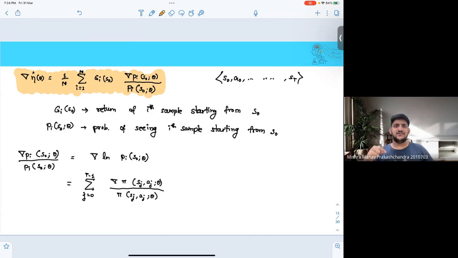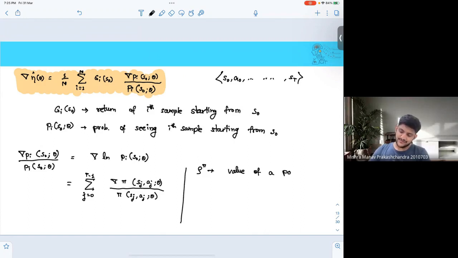Now, similar to how we were evaluating a particular state or a particular state action pair, we'll define a new metric to evaluate the value of a policy. We'll call it rho of pi, defined as the value of a policy. Given a full trajectory, I want to evaluate how good or how bad that policy is.